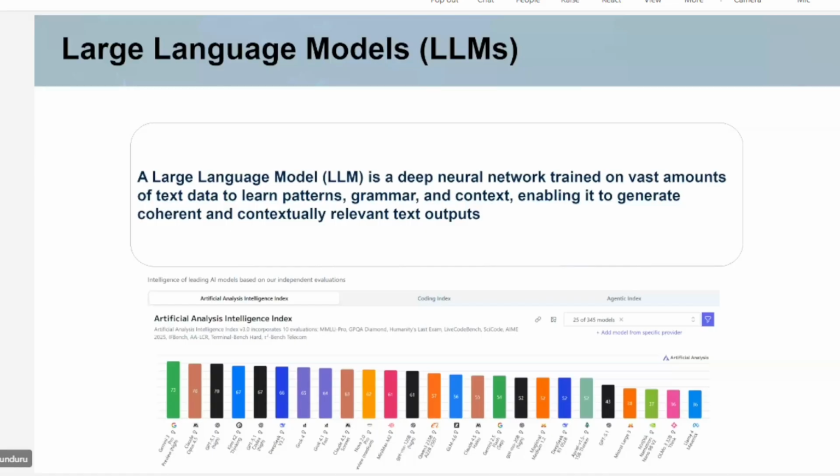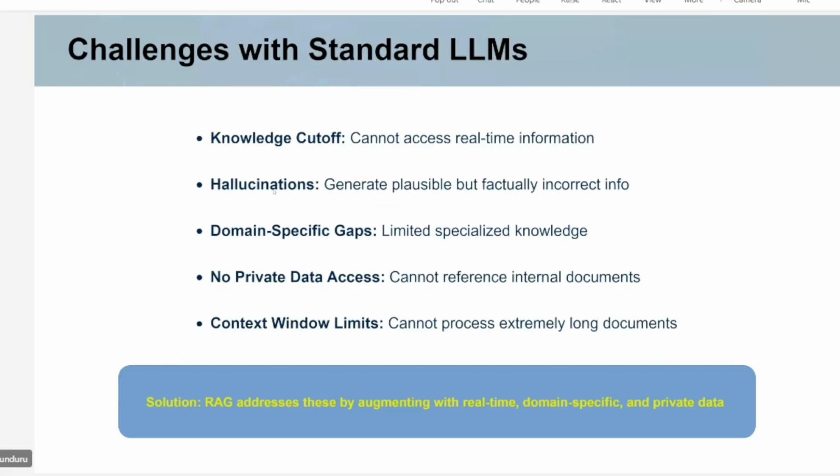LLMs are created by organizations from a set of data that the organization had at that particular time. So if we want any additional data, it would be very difficult. Coming to the challenges with standard LLMs: knowledge cutoff, cannot access real-time information.